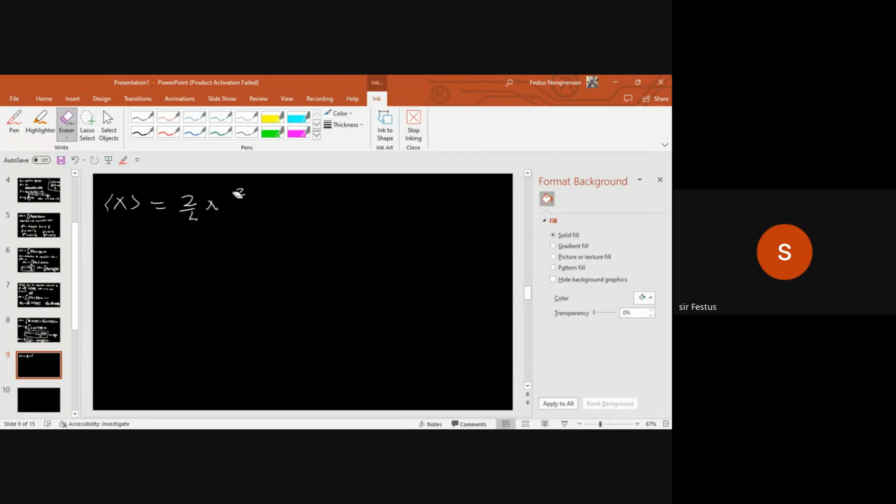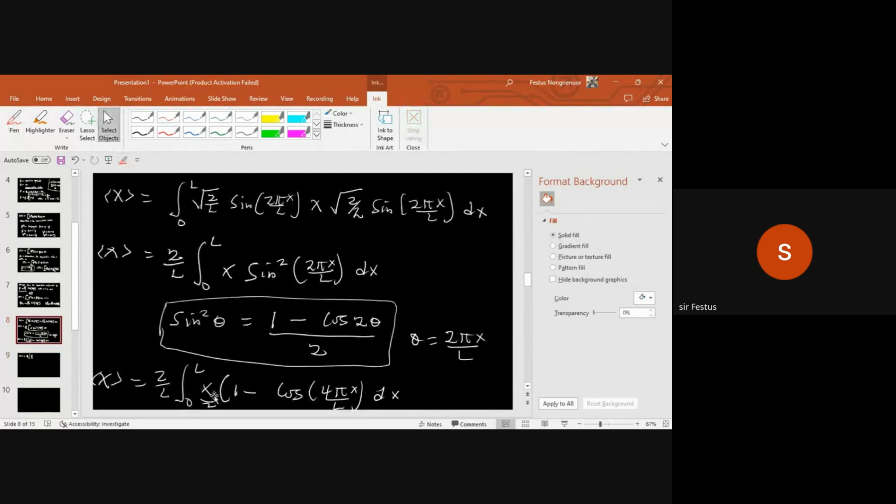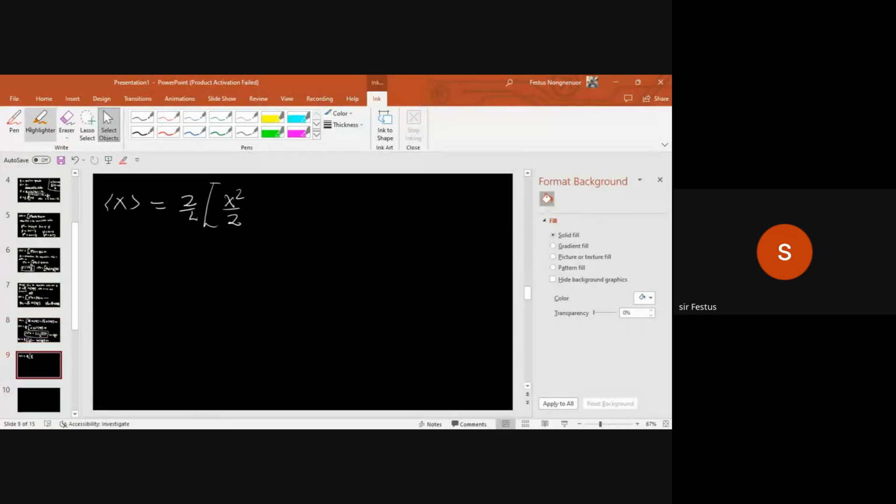When you integrate whatever that is there, it's going to be x squared on 2. Let me see, on 4 rather, because there's a 2 here, by x squared, the 2 will come down, so it's x squared on 4.